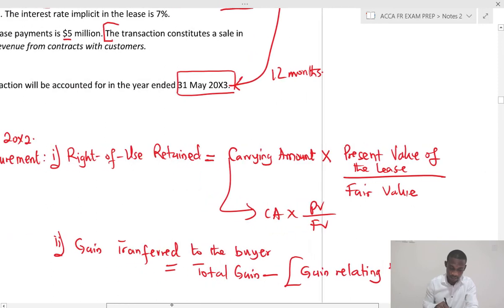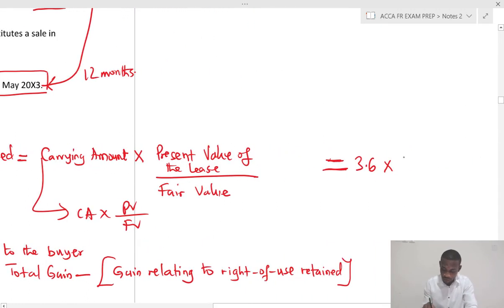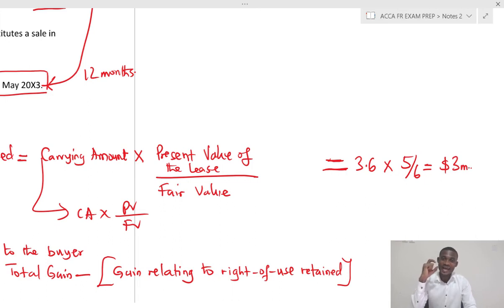So let's put it together. It will be 5 divided by 6 times 3.6. This gives us 3 million. So look at it. The right of use retained, which is the asset to be recognized, is 3 million. What was the total value of the asset? 3.6, I mean the carrying amount. So the reason why this figure is so large is that, look at it.